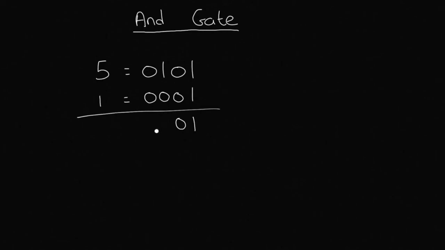Now unfortunately with an AND gate, again, both of the values have to be 1, so in this case this would be 0. So that's one difference between our OR gate and our AND gate. And then similar here, we have 2 zeros, so this will also be 0. And we can see this answer here is 1.